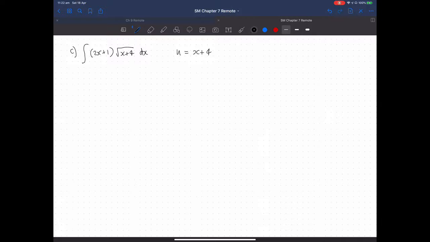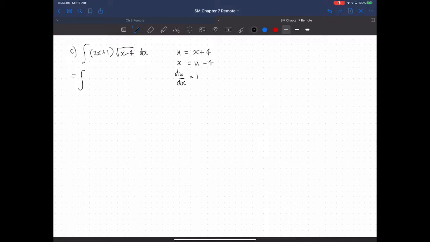If u equals x plus 4, rearranging that, we get x is equal to u minus 4. The other thing we can see is if we differentiate u with respect to x, du/dx, we will get 1. So let's have a go now at doing some substitution and see what happens.